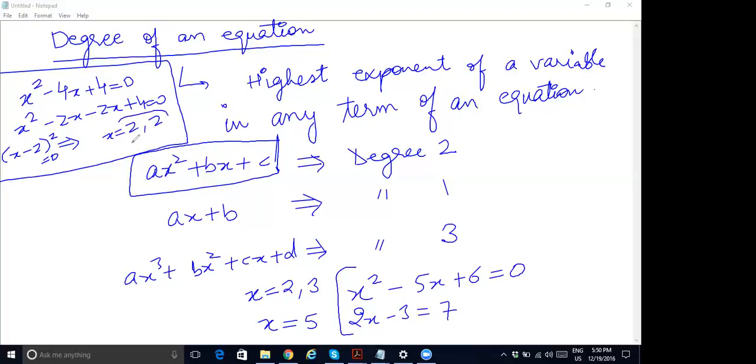Although we are getting the same value, there are still two factors, x minus 2 times x minus 2.